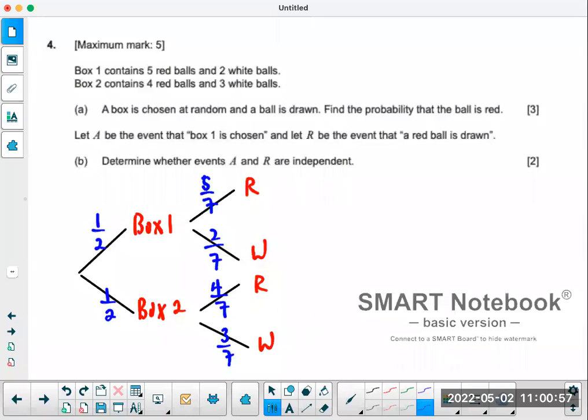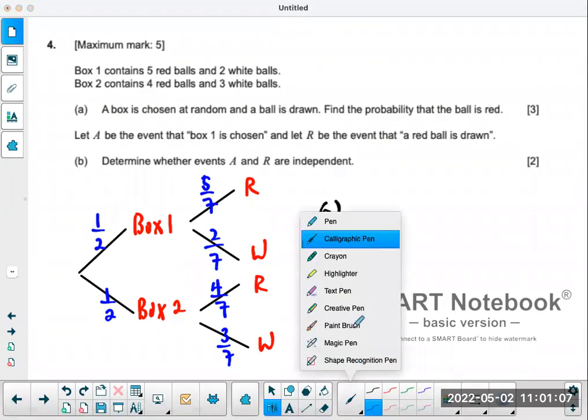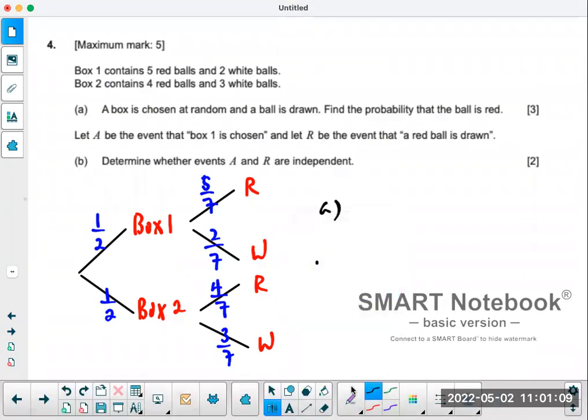So part A of the question says, find the probability that a randomly chosen ball is red. Well, there are 2 different ways you can get a red ball: box 1 and red, or box 2 and red.